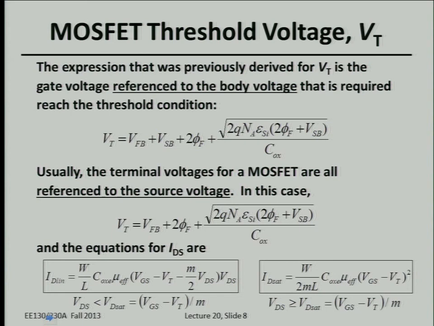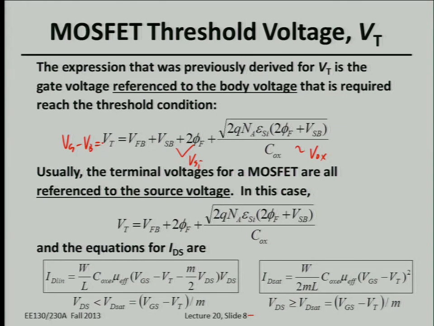The threshold voltage is expressed as the flat band voltage plus twice the surface potential, which is the potential in silicon, plus the depletion charge contribution, which is the voltage drop across the gate oxide. That is based on the voltage difference between the gate and the substrate, taking the substrate as the potential reference.